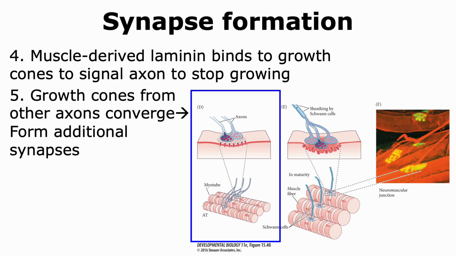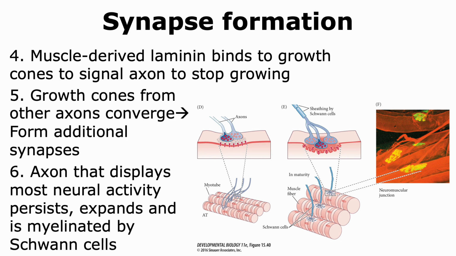Now, this is what is shown in the figure that is there in the blue box. So once one axon makes contact with the target cell, we can have axons from other neurons also converging to that area, and that way additional synapses are formed. Now, the axon that is able to display most neural activity will persist.